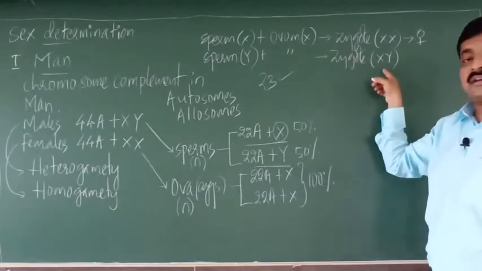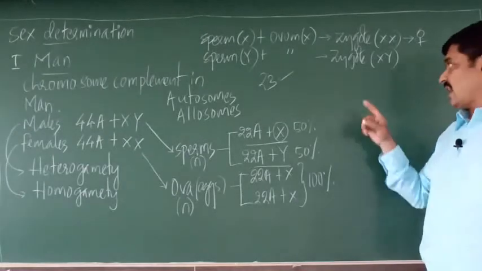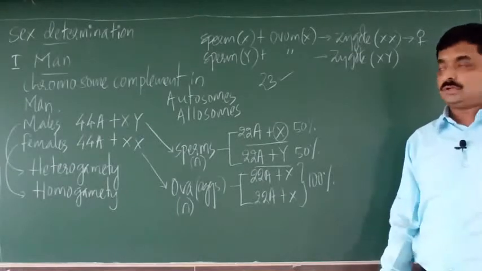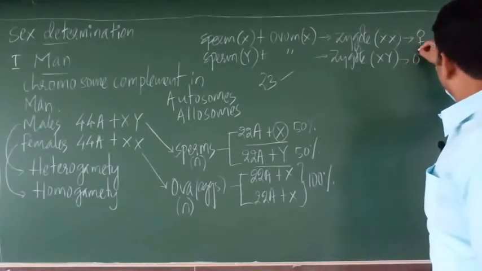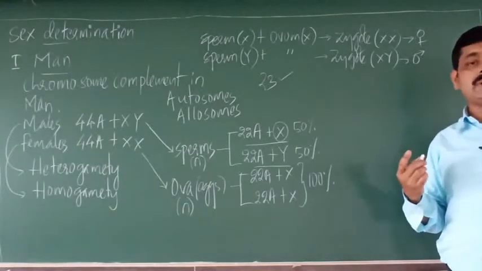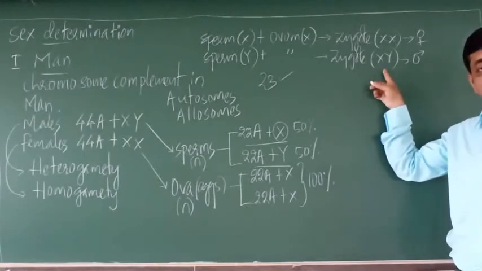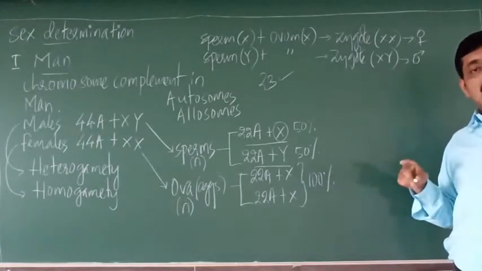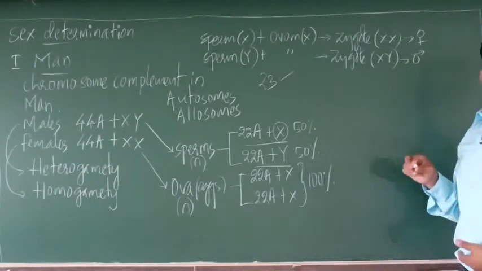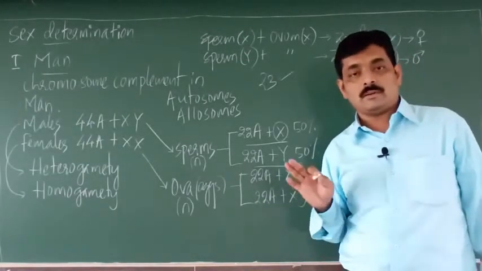A zygote having XY chromosomes will produce an offspring that will be a male. So this is how male offspring are produced in man. A male offspring has the sex chromosomes X and Y along with 44 autosomes.